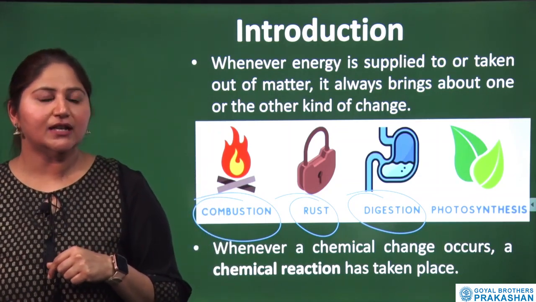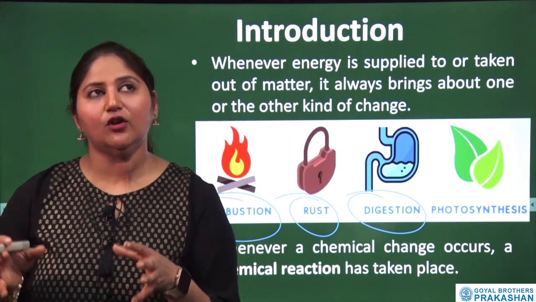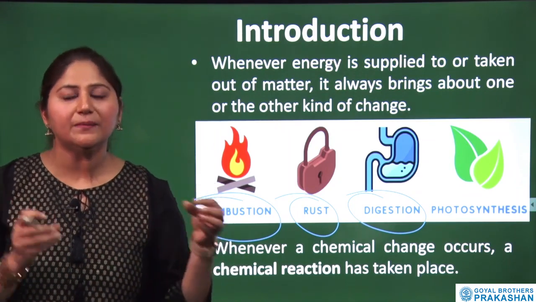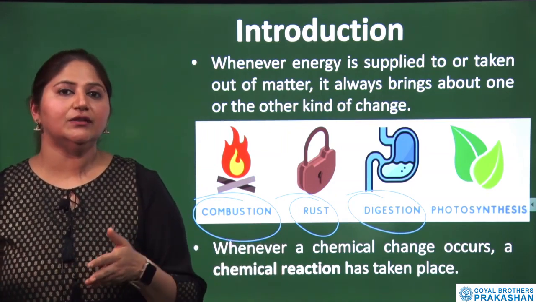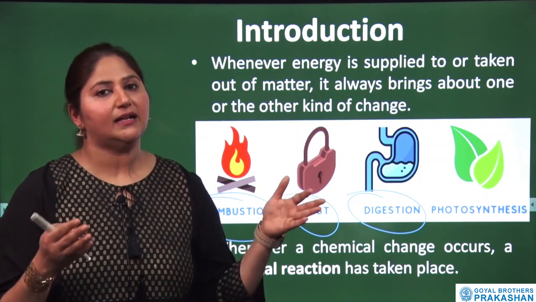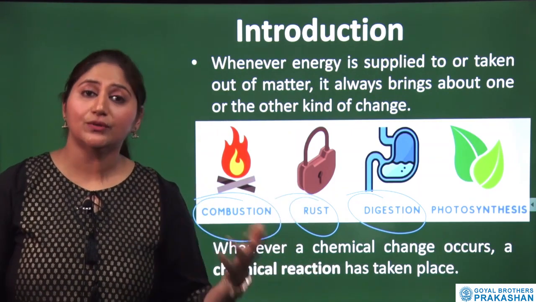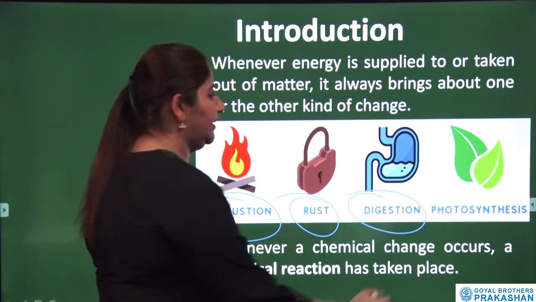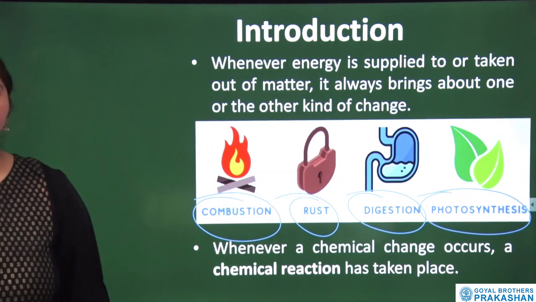Think about that. So if we have digestion of carbohydrates, carbohydrate on digestion converts into simpler substances, that is glucose. Protein on digestion converts into simpler substances, that is amino acids. So definitely digestion produces new substances. Then when we talk about photosynthesis, what happens in photosynthesis?